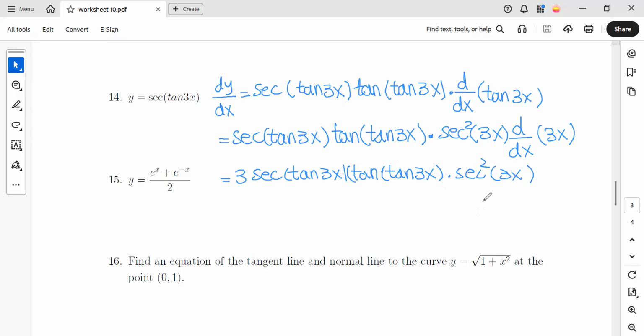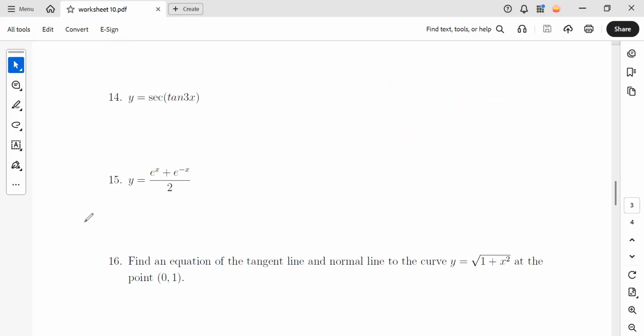Okay. Number 15 is e to the x plus e to negative x over 2. You may think of quotient rule here, but it is not quotient rule because we don't have a variable in the denominator. So we would rewrite it as 1 over 2 times e to the x plus e to negative x.